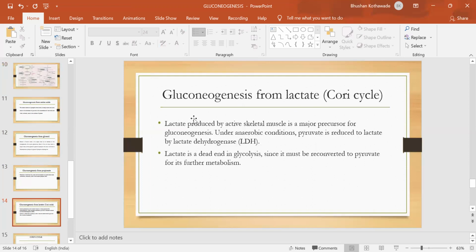The enzymes glucose 6-phosphatase and fructose 1,6-biphosphatase are not present in the muscles. So this lactate is transferred to the liver, and then in the liver we get the formation of glucose. That's why the synthesis of glucose from skeletal muscle lactate is known as the Cori's cycle.